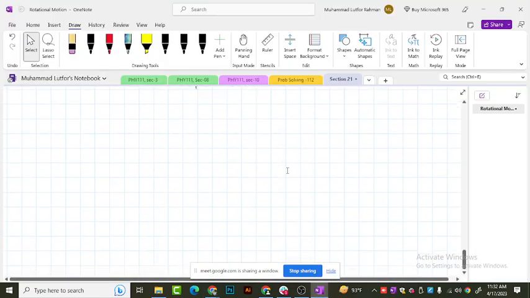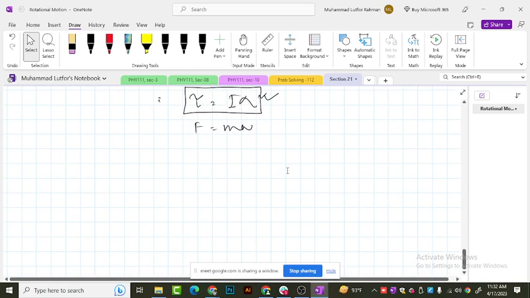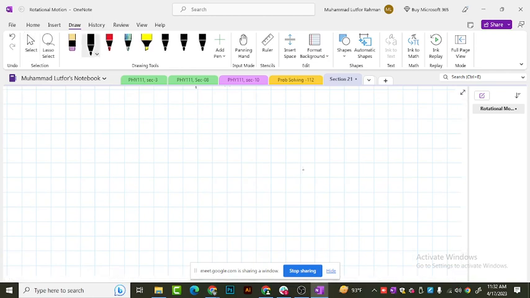Alright, so let's pay attention over here. Let's talk about the angular momentum of the system. Let's say I have an object of arbitrary shape. It is going to rotate about this axis at an angular velocity omega.